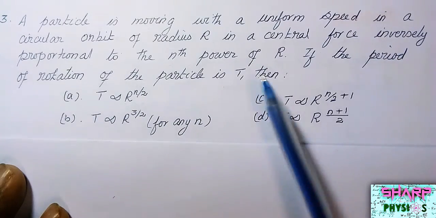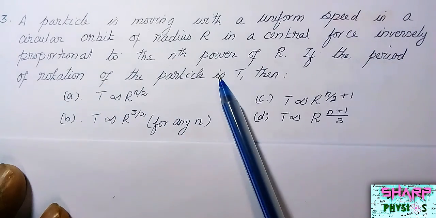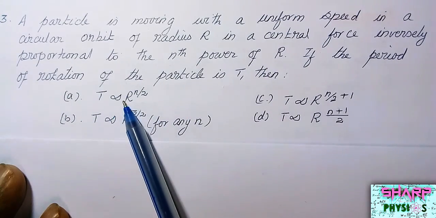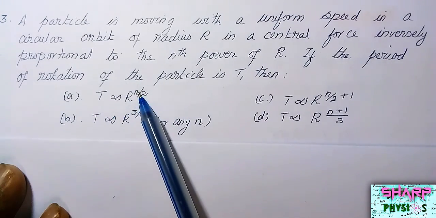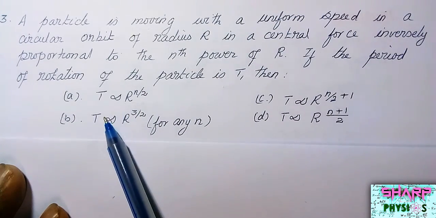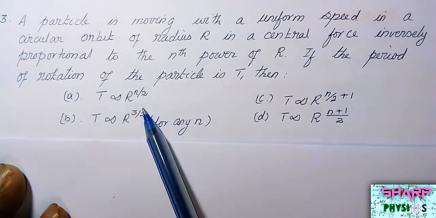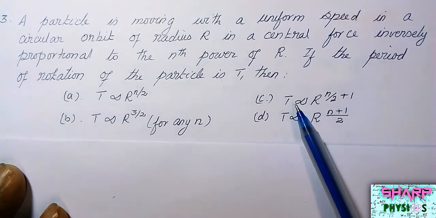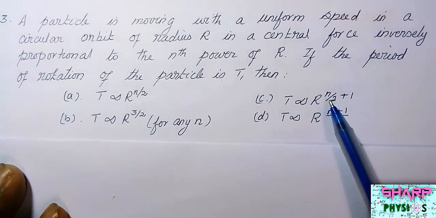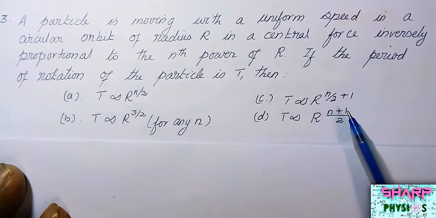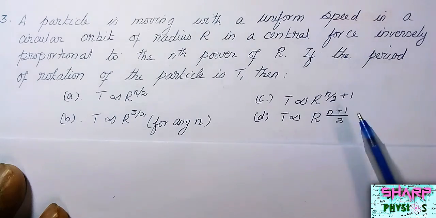If the period of rotation of the particle is T, then option A: T is proportional to r^(n/2). B: T is proportional to r^(3/2) for any n. C: T is proportional to r^(n/2 + 1). D: T is proportional to r^((n+1)/2).